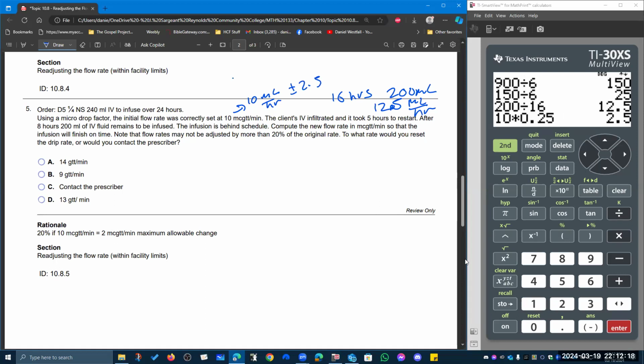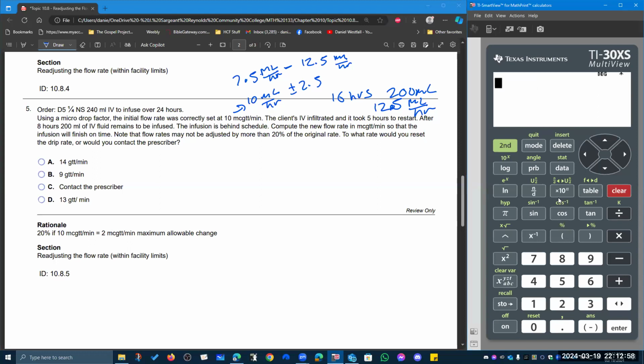So this would be 7.5 at the low end and 12.5 at the upper end. 12.5 is just at the upper end, but if they want us to round, then note it says 20%, not 25%.